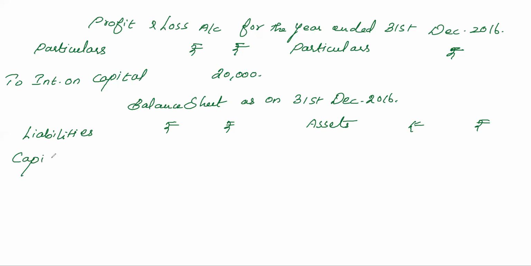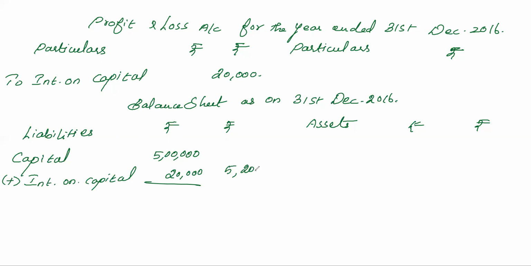Capital is given: 5 lakh plus interest on capital 20,000. So the total amount is 5,20,000. This is how we calculate.